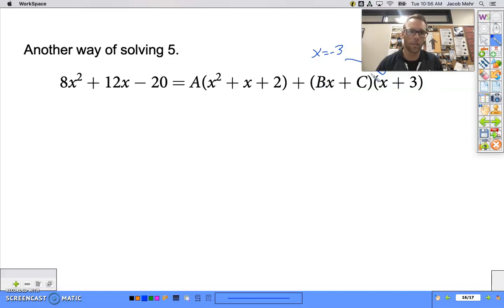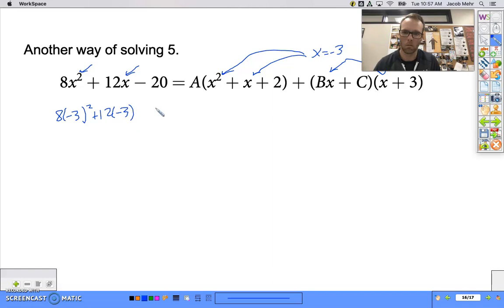Now, if we put negative 3 in for these x's, we also have to put them in for all these other x's, and we're going to get a pretty simple equation. So let's substitute negative 3 in for everything. I'll just write 0 because that whole thing's gone.